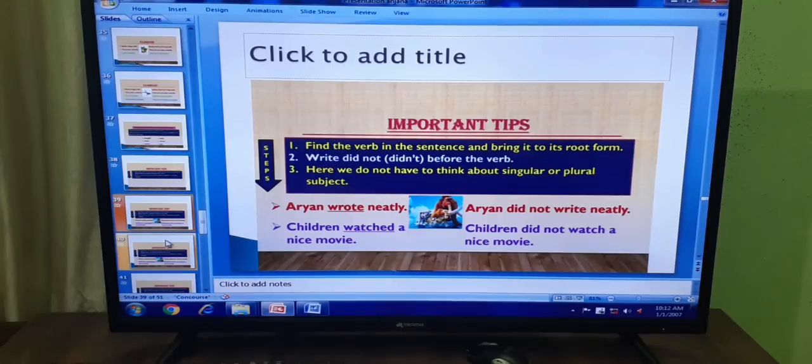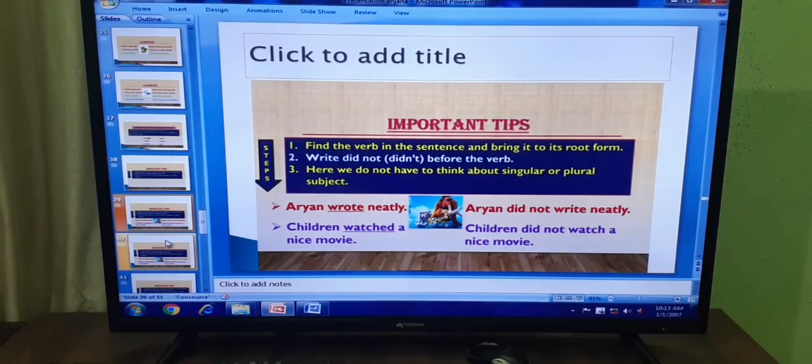The next example, children watched a nice movie. What is the verb here? Yes, it is watched. What is the base form of watched? It is watch. So just bring the verb back to its root form and add did not, and everything else remains the same.